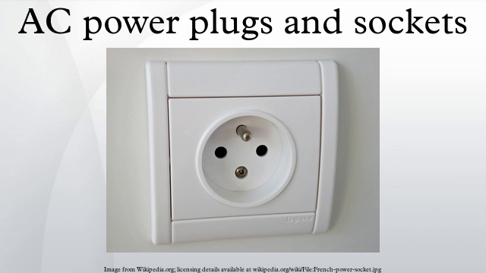BS 1363. BS 1363 13A plugs, socket outlets, adapters and connection units is the main plug and socket type used in the United Kingdom. According to the IEC, it is also used in over 50 countries worldwide, many of which have national standards based on BS 1363, including Ireland, Malaysia, Singapore, and Saudi Arabia.